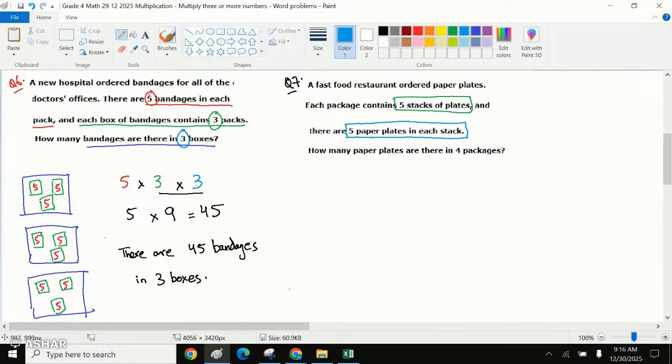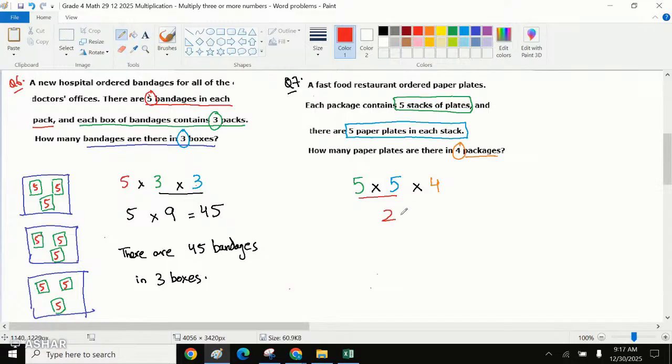That means one packet will have 5 stacks, and each stack has 5 plates on it. How many packages are there? There are a total of 4 packets, right? We know that 5 times 5 would be 25.